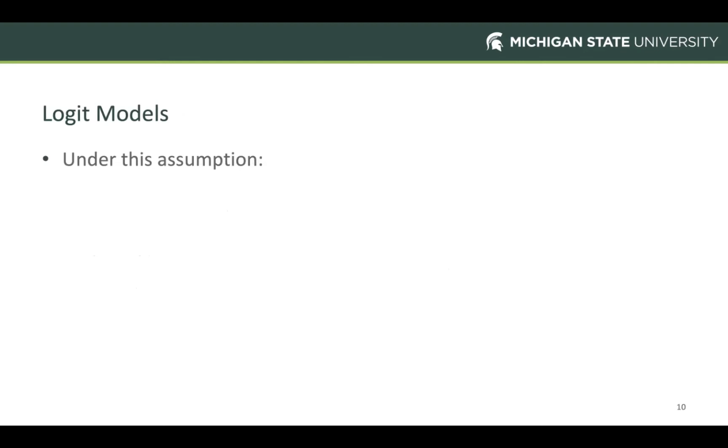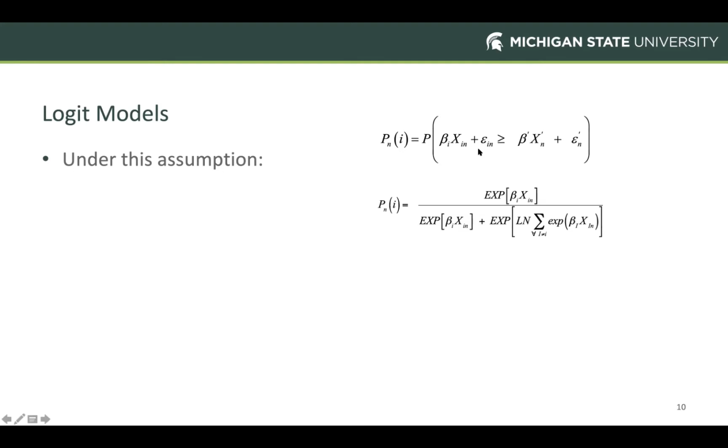Okay, so under this assumption, you'll see some familiar nomenclature here. As in the probit case, we're basically maximizing, determining the probability that any outcome of interest has a utility that's greater than all the competing outcomes. This should look somewhat familiar to you from last week when we talked about the two outcome logistic regression case.